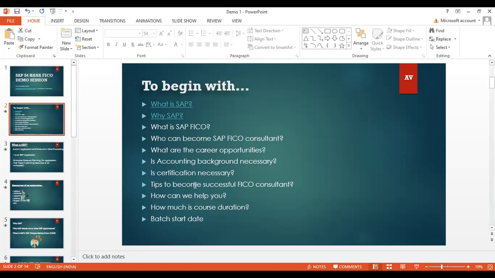Tips to become a successful FICO consultant: what I would say is there are three P's that you have to work on, and that is practice, practice, and practice. Whatever we'll be looking into as we go ahead in the course, you have to practice regularly. It has to become your habit.